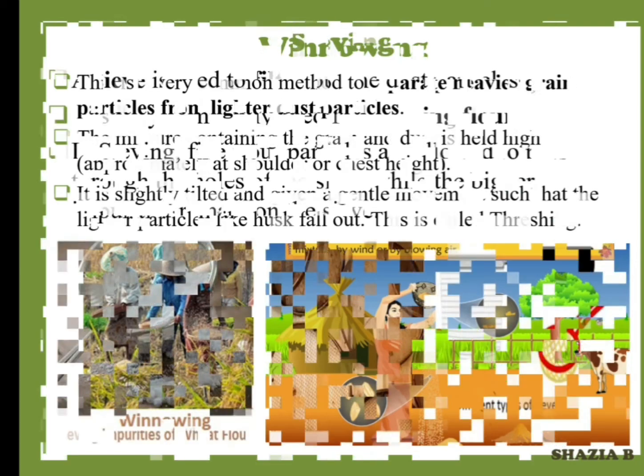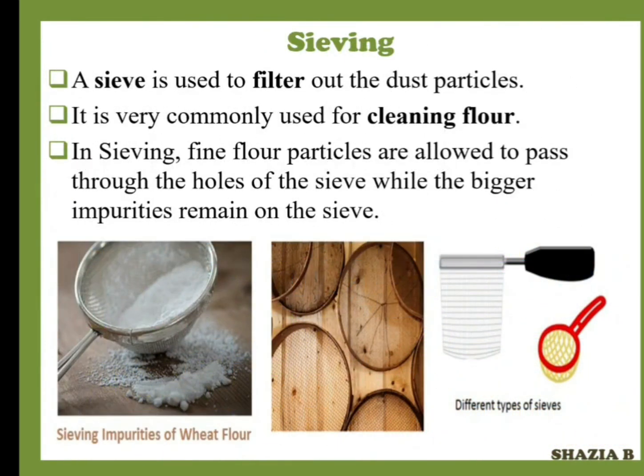The next process is sieving. It is like separating particles of different sizes from a mixture. It doesn't matter if the particle is heavy or light, as in the case of winnowing. Sieving is derived from the sieve, a net-like structure having tiny pores, as we can see in this picture.